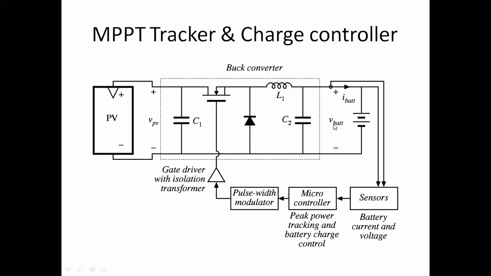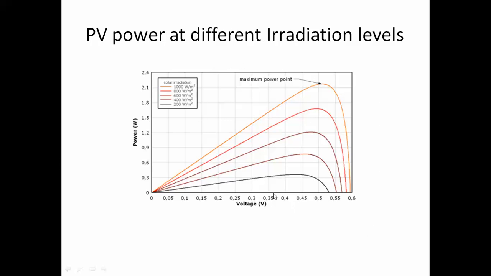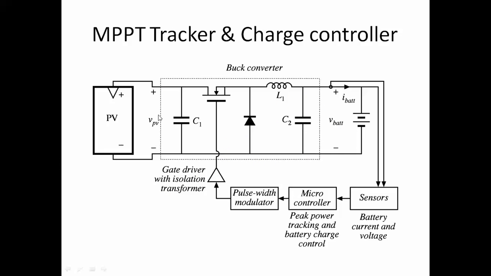Again, if it is not tracking the maximum power, we have to change the duty cycle and further charge the capacitor until it tracks the maximum power point. That's what we actually set by this circuit, and here through this inductor it is charged.